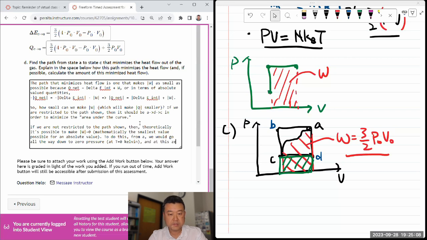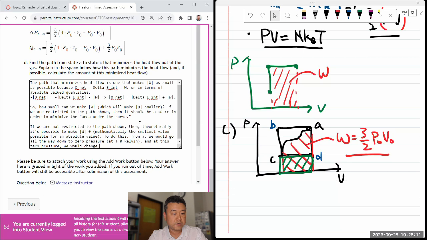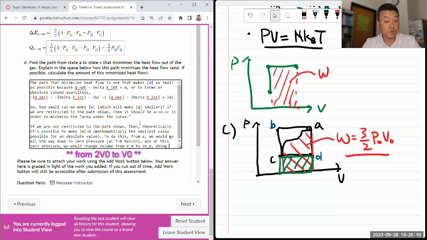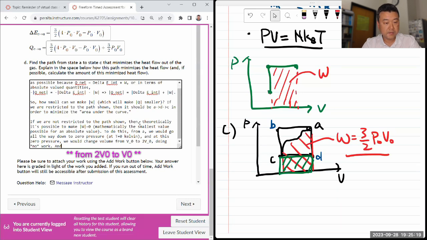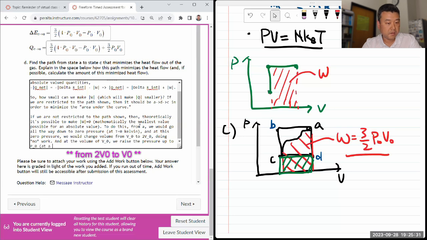And at this zero pressure, we would change volume from V naught to 2V naught, doing no work. And at the volume of V naught, we raise the pressure up to P naught at a finite non-zero temperature. And there's heat transfer out here, nothing of any kind here. Heat transfer in, as you go back up to C, up to P naught at the point C.